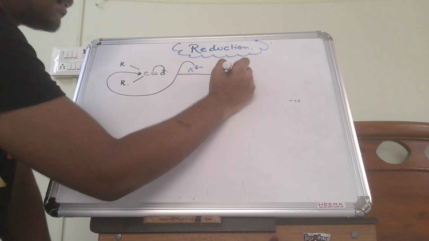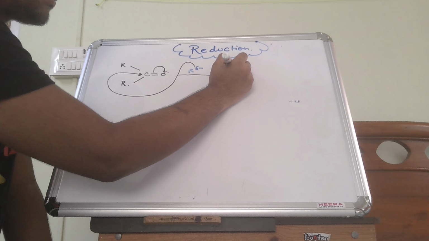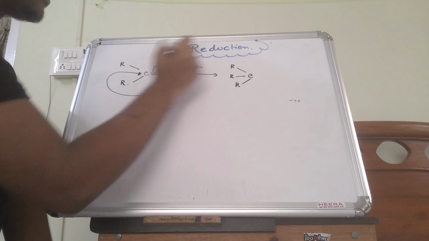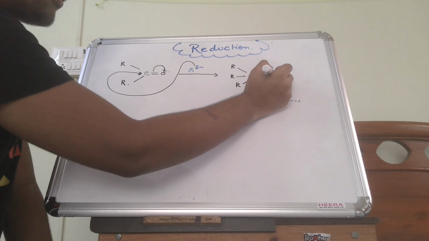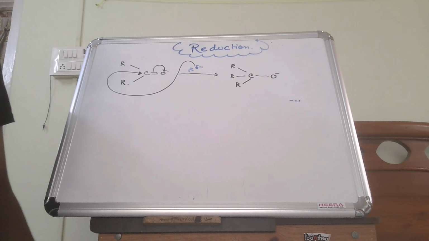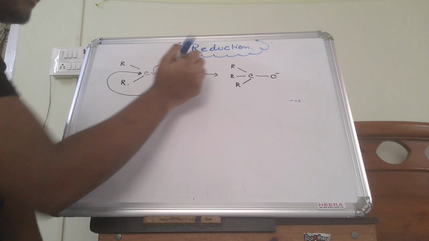As a result, R delta minus goes there. So C, R, R, R, and the bond opens and it will be like this, with O minus. Now, how does this R delta minus come?